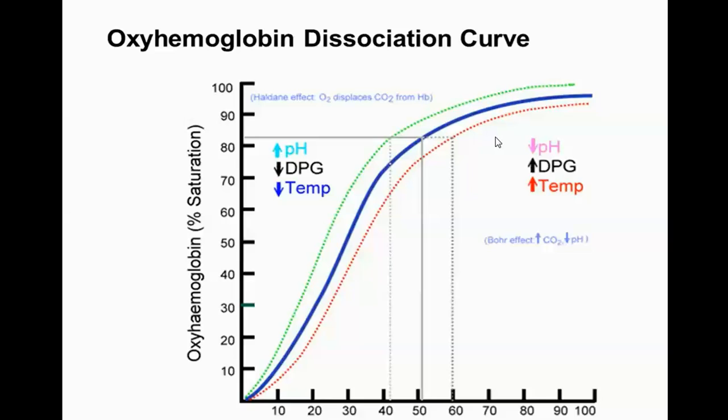The loading and the unloading of oxygen are the same. So if the patient is here, when he's at 92, his PO2 is 60.